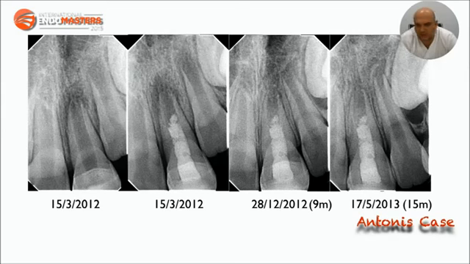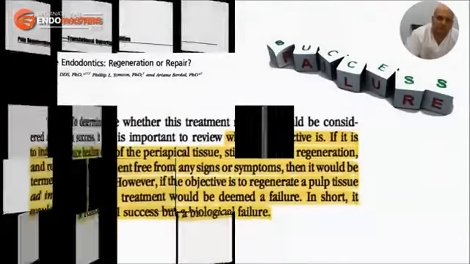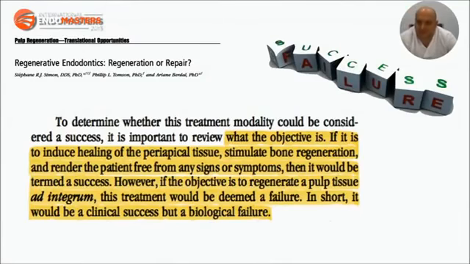So let me ask you now a question. Is this case a success or is it a failure? To determine that, we have to review what the objective of my efforts was.